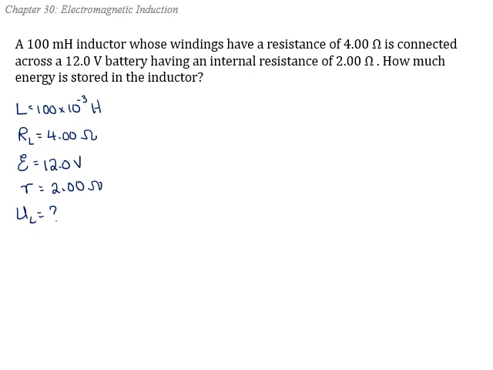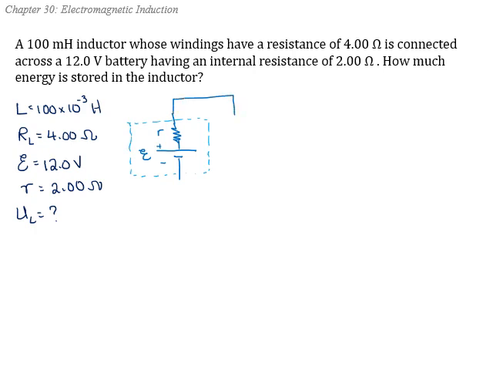Okay, let's draw a circuit first because it helps to visualize what we're doing. Our battery has a positive and negative terminal, and it also has a little internal resistance. You can even put that inside a box just to remind yourself that the internal resistance goes with the supply of potential.